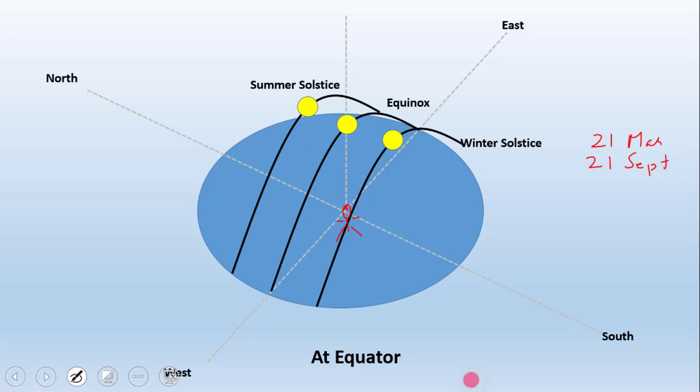Now let us assume, remember, our question is about equinox, but our latitude is 30 degrees. So let us assume this person starts moving towards the north. Currently he is standing at the equator, but if he moves 5 degrees towards the north, then the sun will not be right at the top of his head.